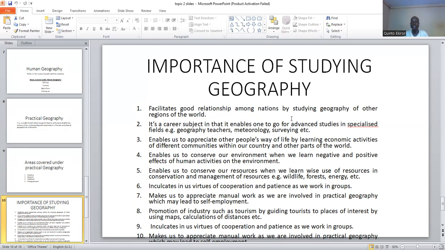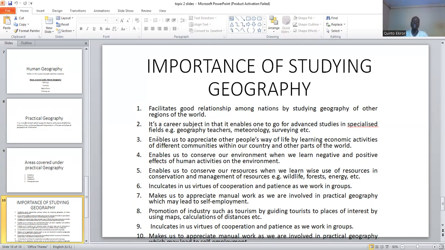Geography as a discipline has many significances. Number one, it facilitates good relationships among nations by studying the geography of other regions of the world. At that point, we can say it creates awareness.